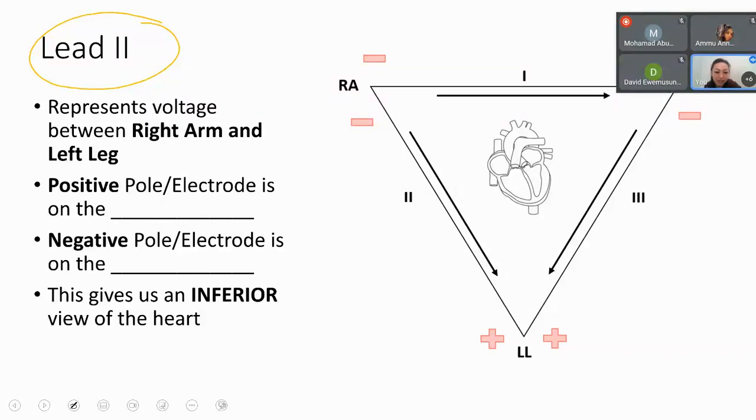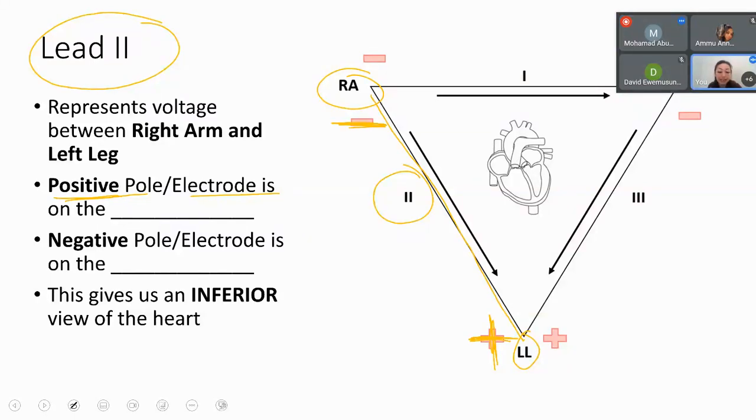This is the right arm and this is the left leg, and the imaginary line between those two poles is lead two. Notice that the positive pole is on the left leg and the negative pole is on the right arm. So for lead two, where is the positive pole?